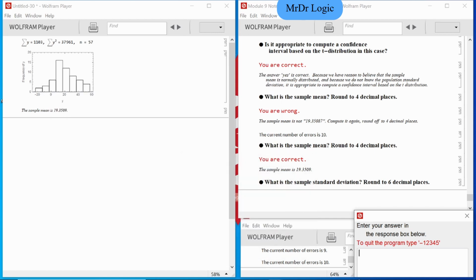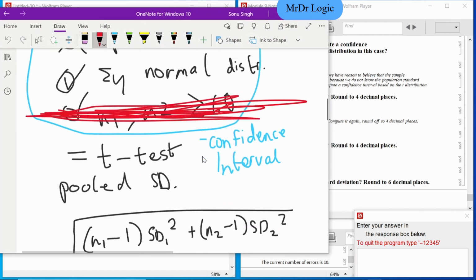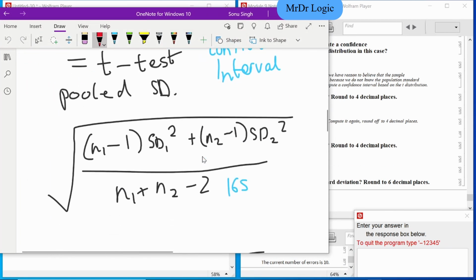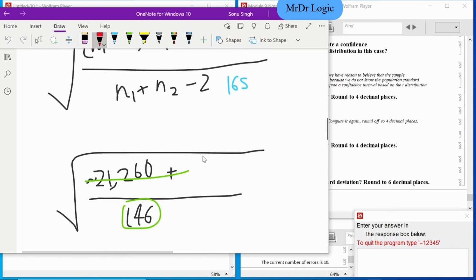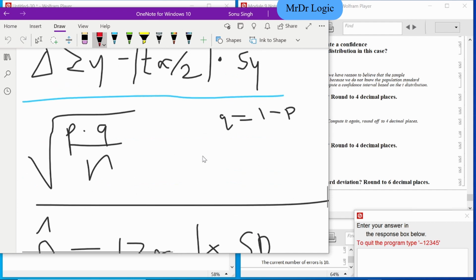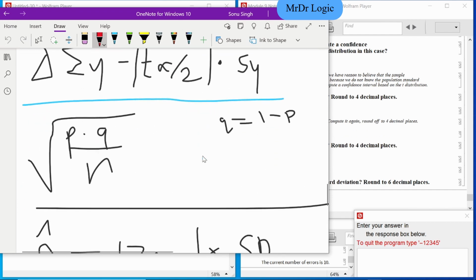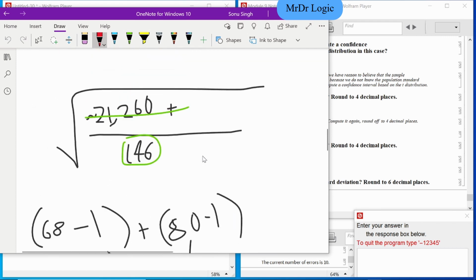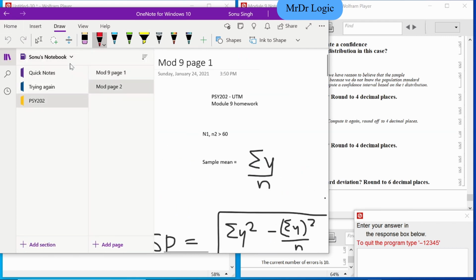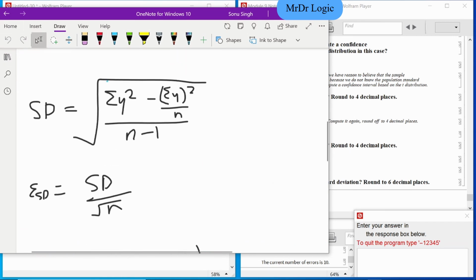Sample standard deviation. I forget how you do this again. I know we just did it a few times. Oh, wait, no, it's not this way. How did we do it before? Because we just did this question a while back.